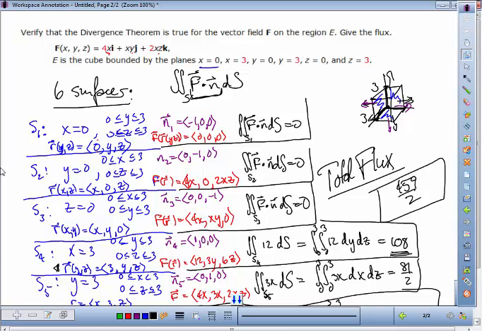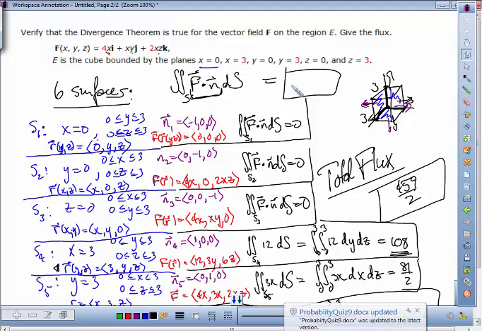And if you're verifying something, this is half of your work. The other half is using the divergence theorem, where you take the triple integral of the div of the vector field.